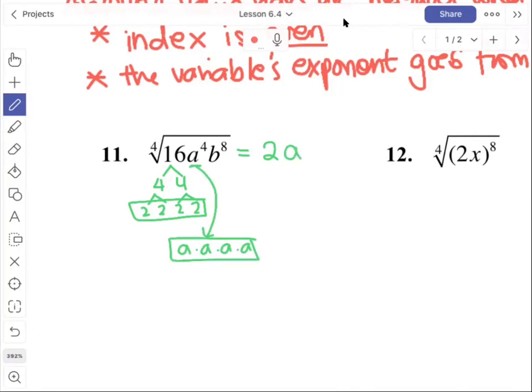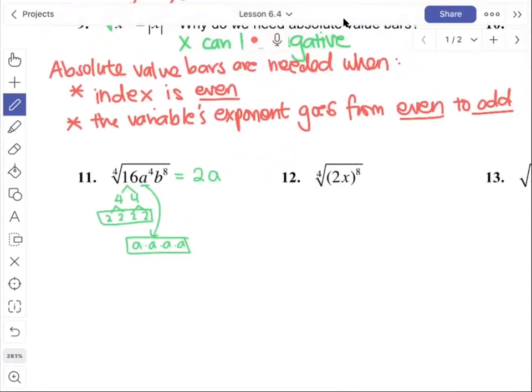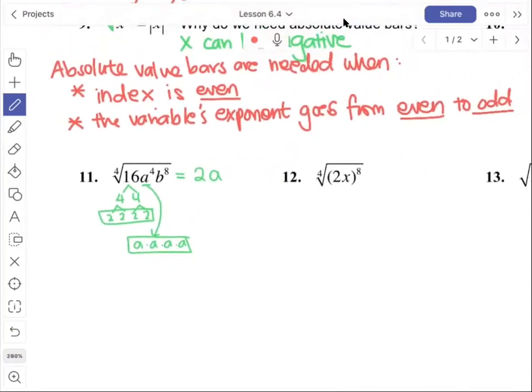But now the question is, it's a variable. So do we need absolute value? Look through the 2 rules here. Is the index even? Yes, index is 4. So it is even. The starting exponent, is that even? Yes. Good.